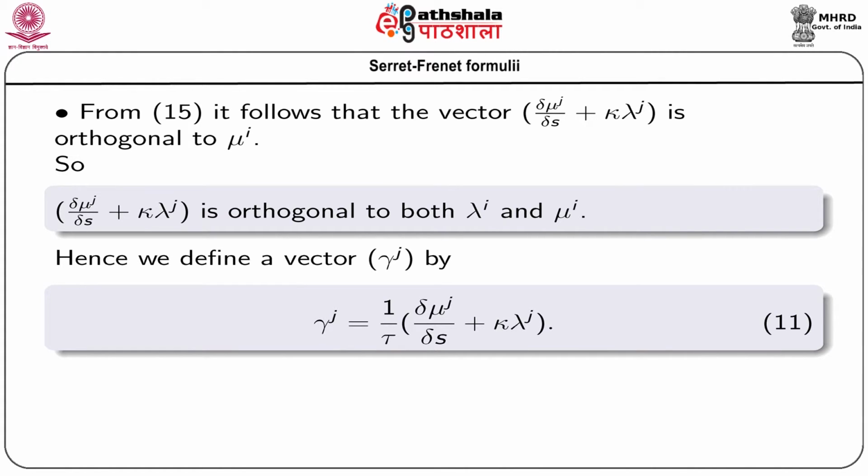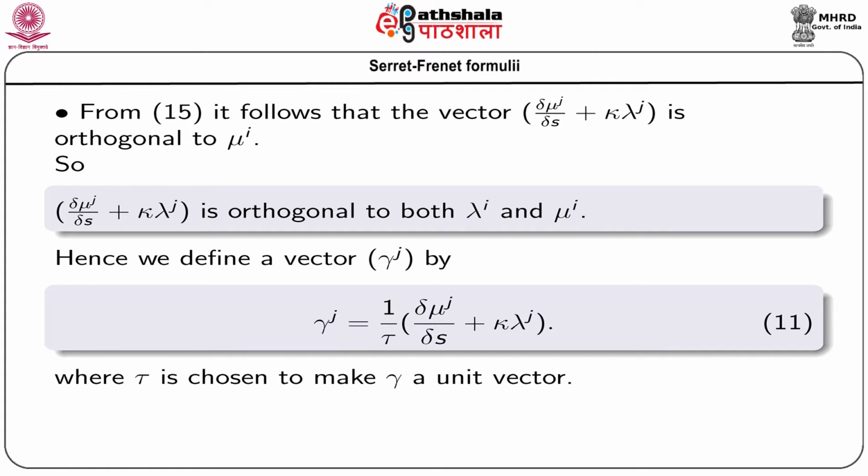So, we can write γ^j equals 1/τ, a scalar multiple, (∂μ^j/∂s plus κ λ^j), because this vector is codirectional with γ^j, where τ is chosen in such a manner so that γ becomes a unit vector.